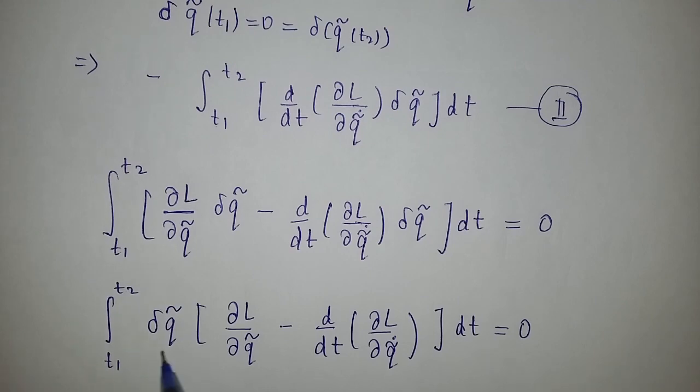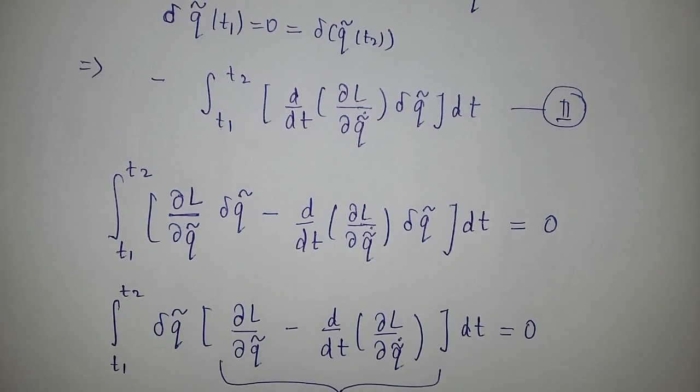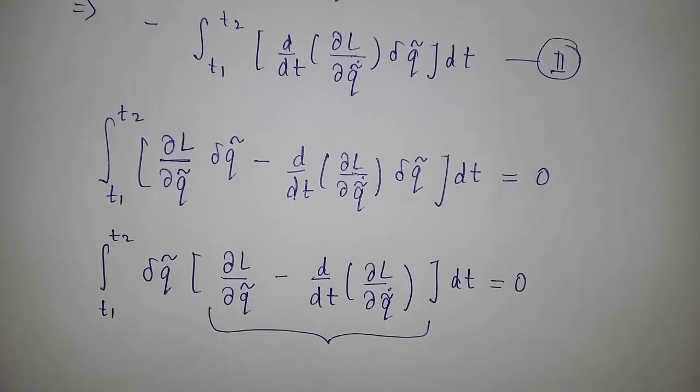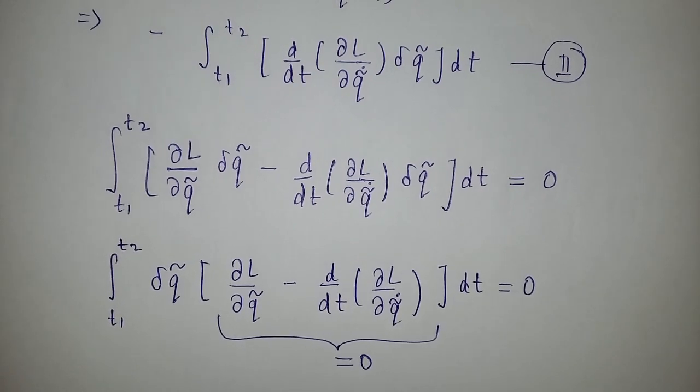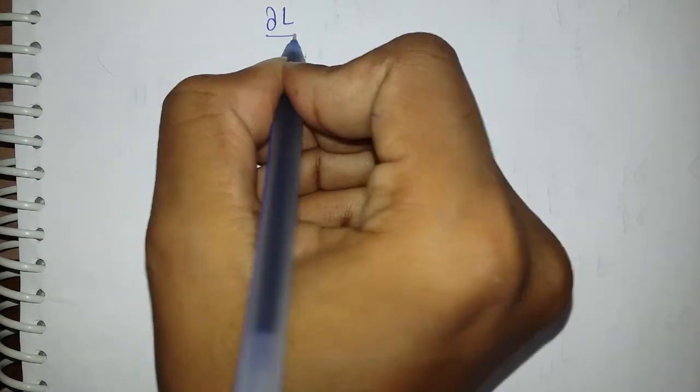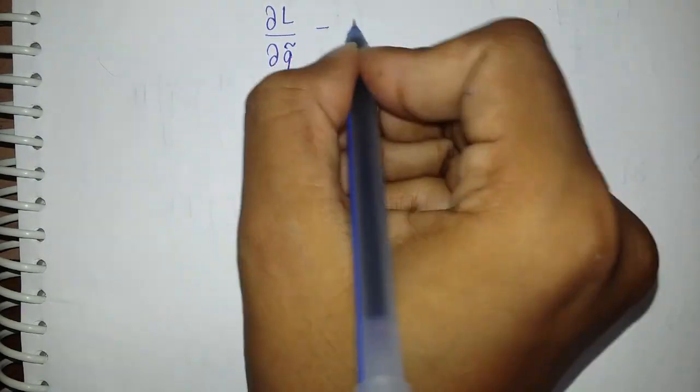Since the variation in q tilde is arbitrary, the term in the square brackets must be identically 0, because this whole integral is 0 and the variation is arbitrary.